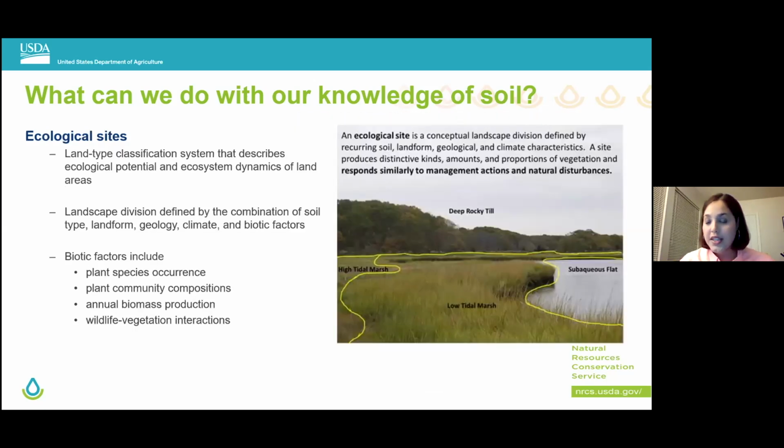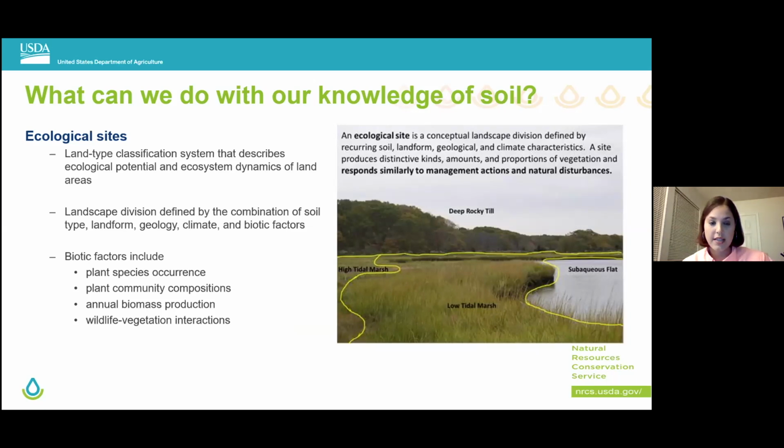And another thing that we can do with soil information is we can create ecological sites. Those are land type classification systems that describe ecological potential and ecosystem dynamics of land areas. The landscape division is defined by the combination of soil type, landform, geology, climate, and biotic factors that could be the different plant species or the plant community composition, the animal biomass production, and the wildlife vegetation interaction.